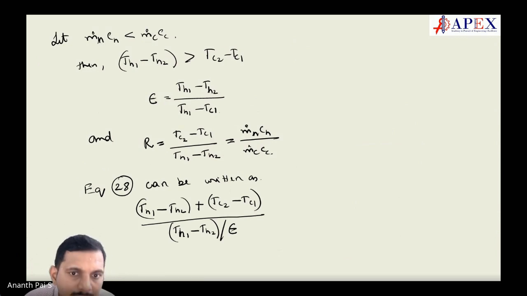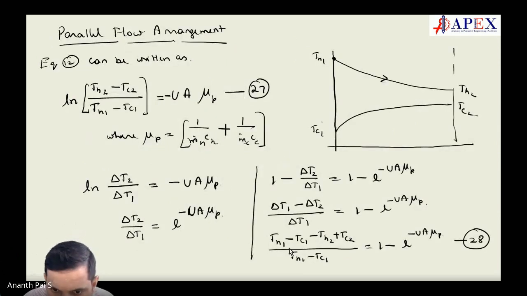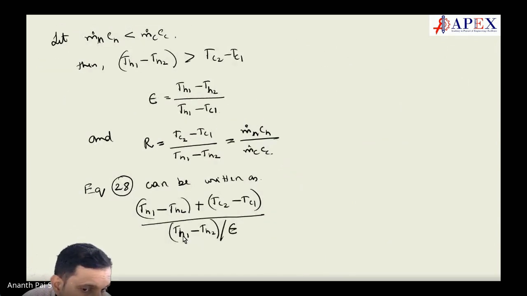How did this epsilon come? Just observe here: Th1 minus Th2, then Tc2 minus Tc1. Here Th1 minus Tc1 is there. Instead of that, I have substituted Th1 minus Th2 divided by epsilon. You are comfortable with that?